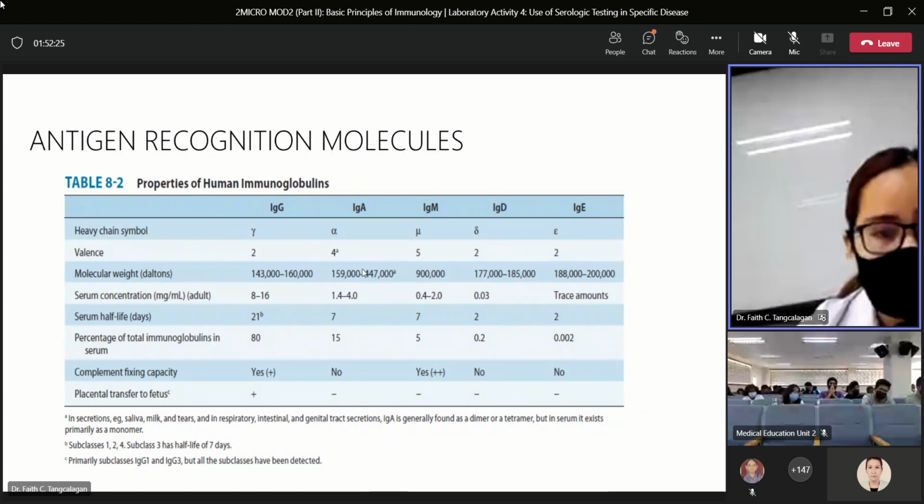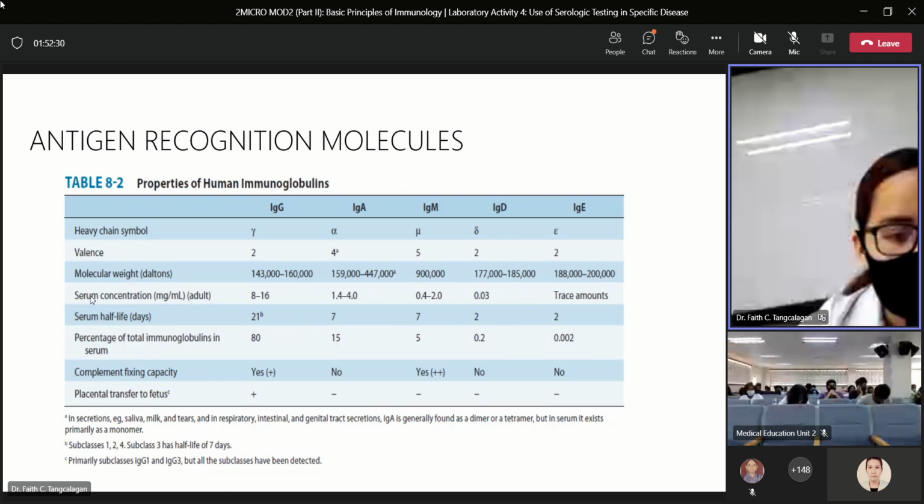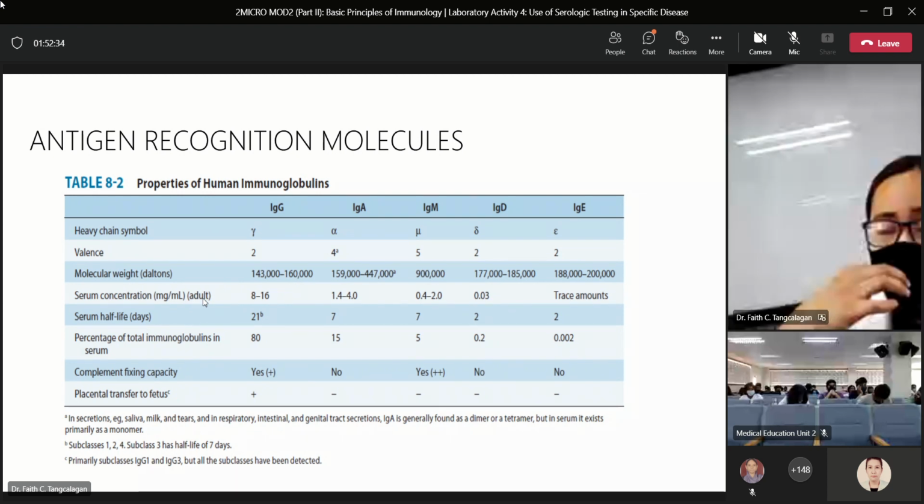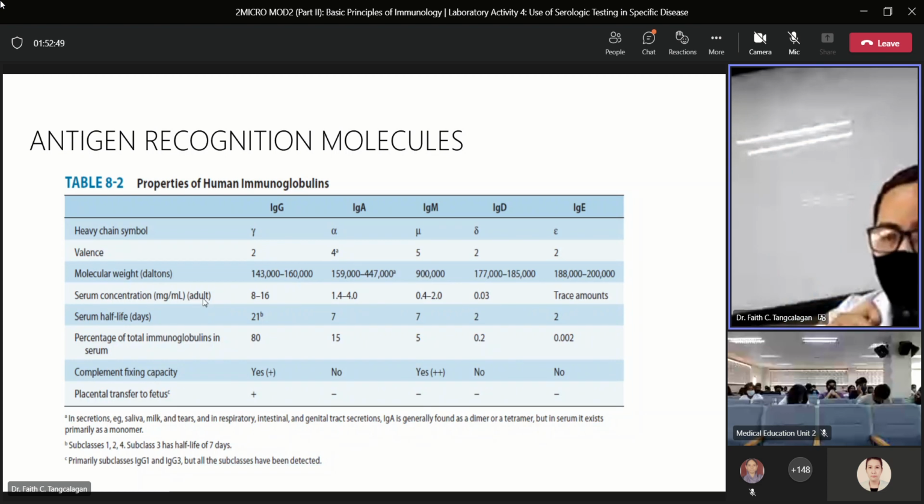Then the second one is your IgD. And for the serum half-life, your IgG has the longest half-life. No wonder we test for IgG and still determine its presence even after several weeks, diba? Even if the infection is already gone, because it has a very long half-life, like 21 days.